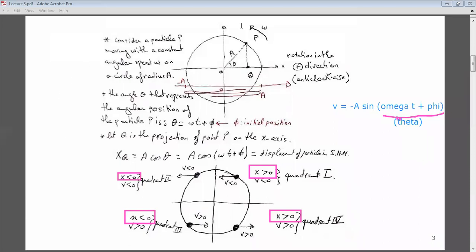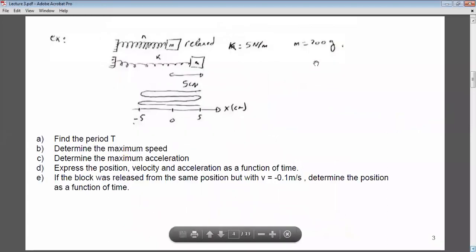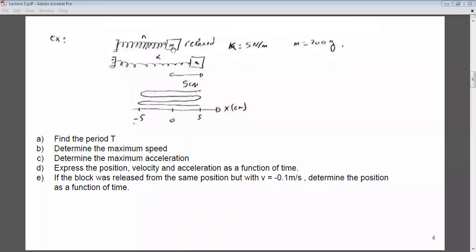Okay, let's do some exercises. So imagine this is a problem. I have an object of mass m and a spring of spring constant k. So k equals 5, m equals 0.2. And the initial position at t equal to 0, x is equal to 5 centimeters, which is 0.05 meter.